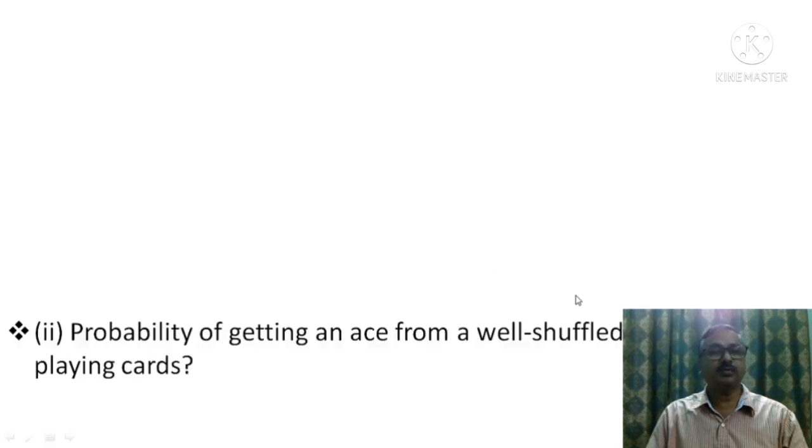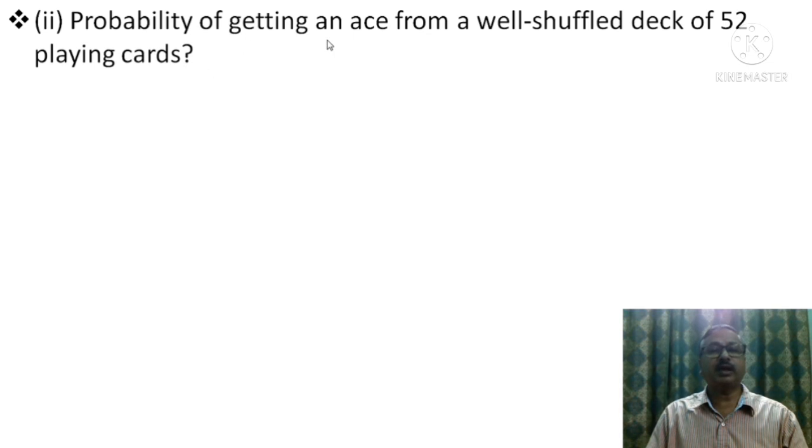Now the next part of this question: probability of getting an ace from a well shuffled deck of 52 playing cards. Already, in my previous videos, we discussed the concept of cards, dice and coin. In a packet of 52 playing cards there are 4 different sets, known as suits.